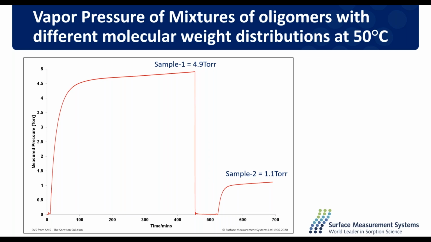And we see here two samples, actually the samples that were in the photo before, of different molecular weight mixtures of different oligomers, all measured at 50 C. And we can see the two vapor pressures. So this is when sample 1 is measured, then everything is vacuumed, and sample 2 is measured. So it is a very straightforward way of measuring vapor pressure, which is complementary to the Knudsen diffusion method.